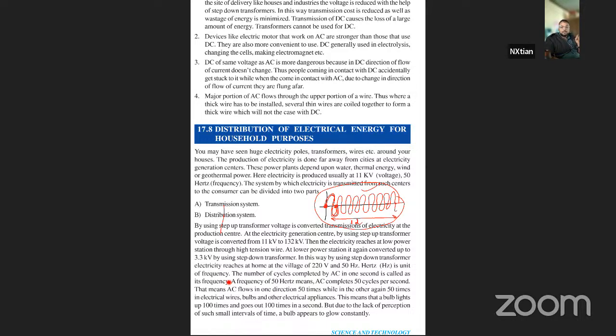Why is it so? Because the tube light, if you see this picture, starts off at zero, and zero is basically no electricity. But it is so fast that it looks like it's constant. I'll show you the video.